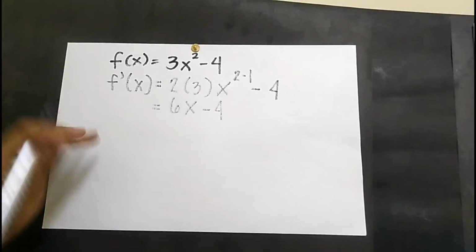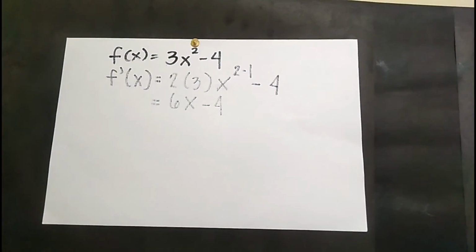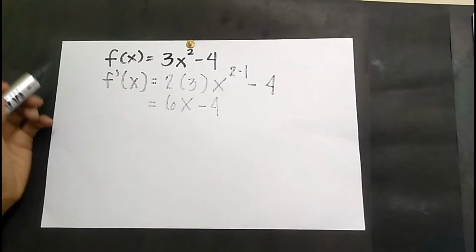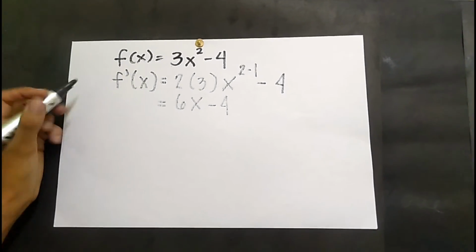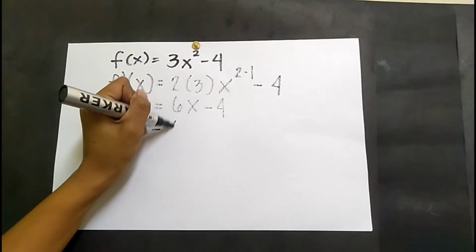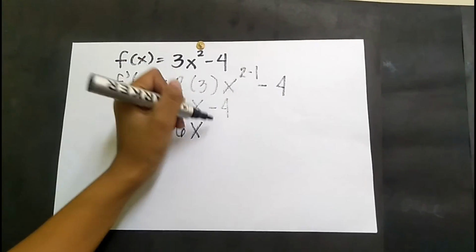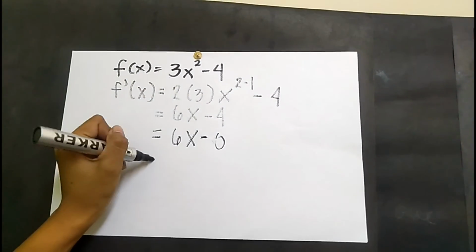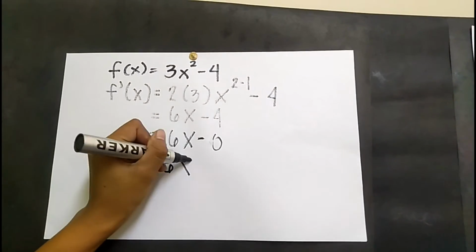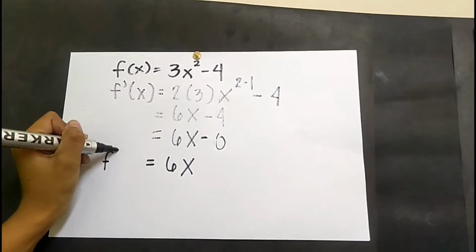In derivatives, if you find the derivative of a constant, it should be equal to 0. So your derivative using the formula is 6x, so it is a simpler one.